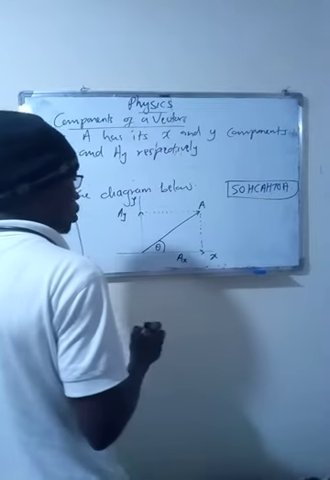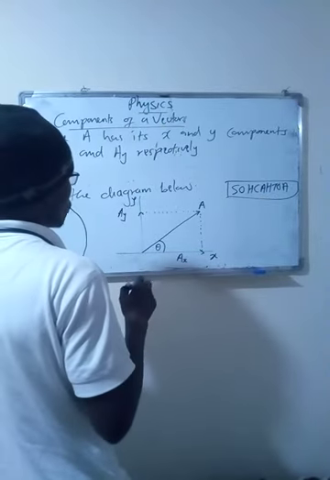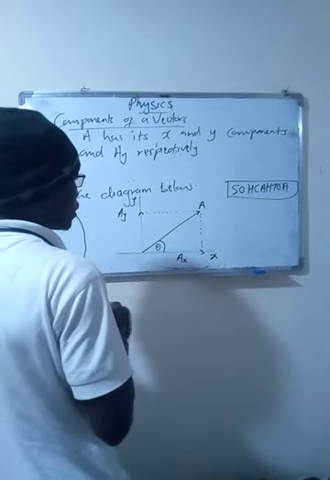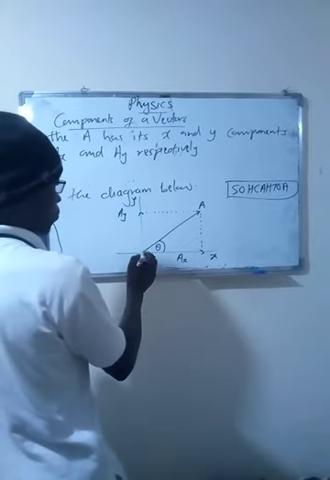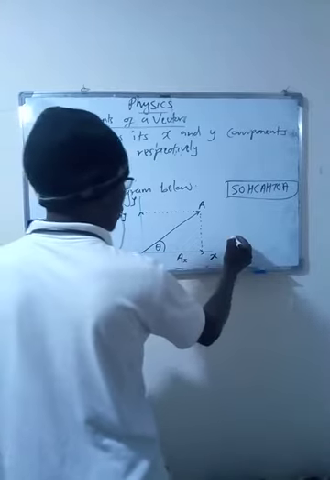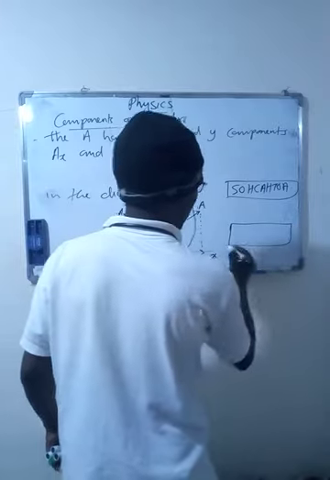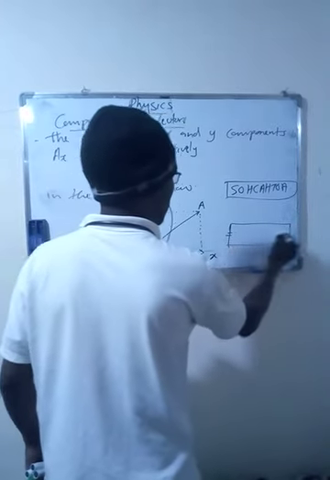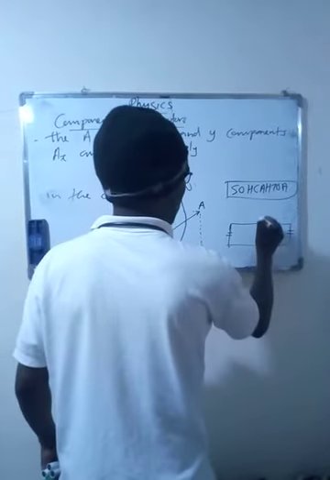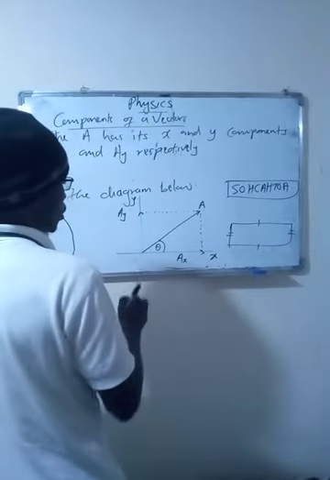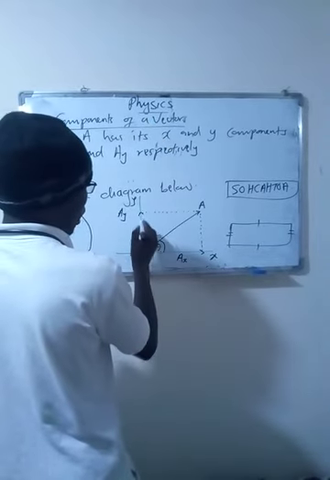So if we consider the y-axis, remember, if we have a rectangle like this, it means that this side is equal to that side, and this is equal to that. So from here all the way to there, it's ay.